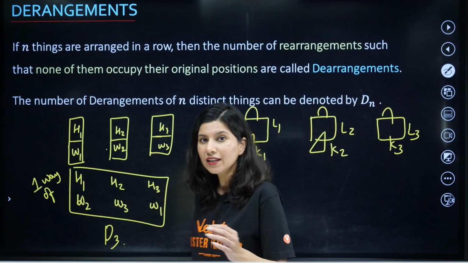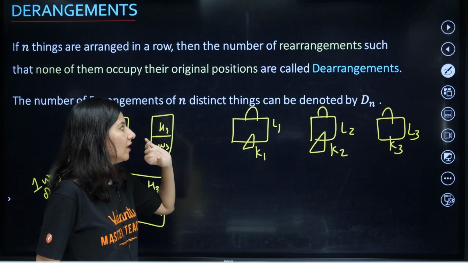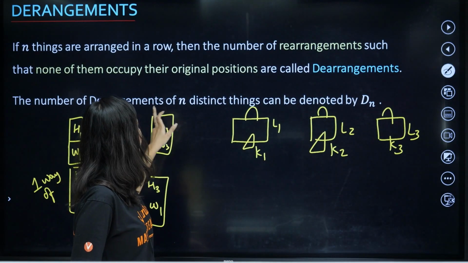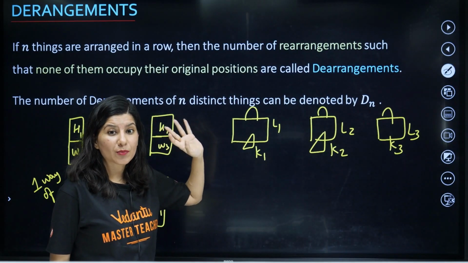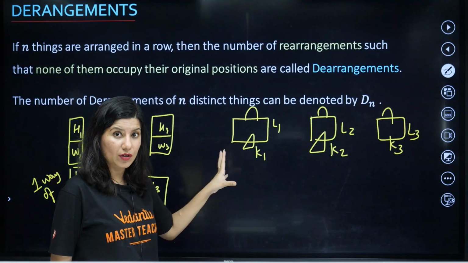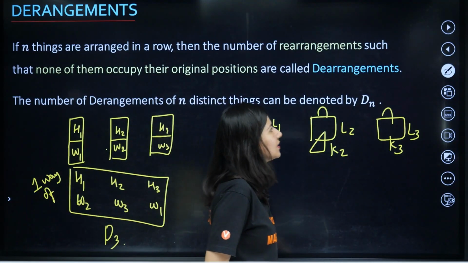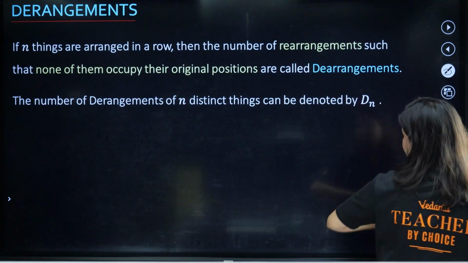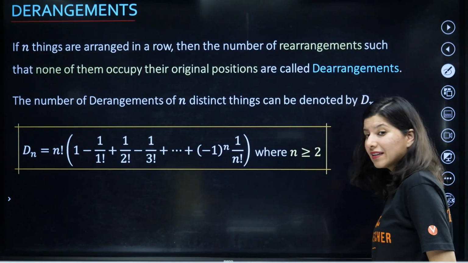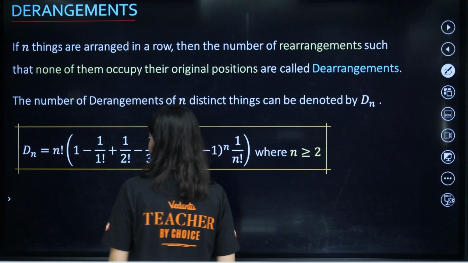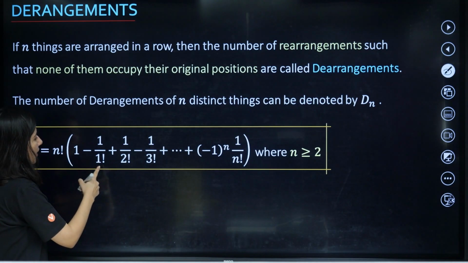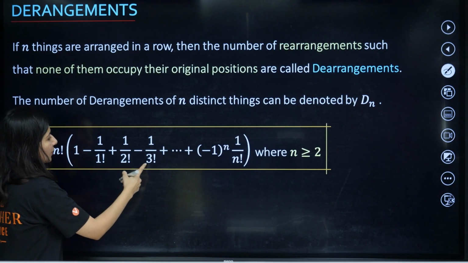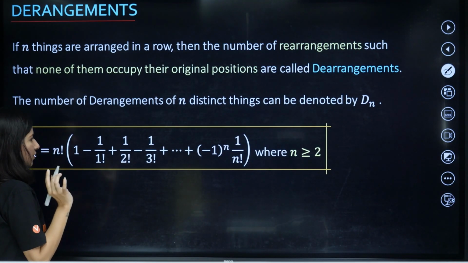We need to make sure that none of them occupy their original position. None at all. So this is denoted by Dn. Clear? There is a direct formula. Formula says Dn is equal to n factorial times 1 minus 1 upon 1 factorial plus 1 upon 2 factorial and so on.